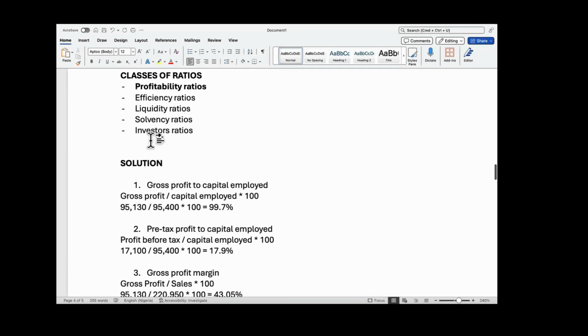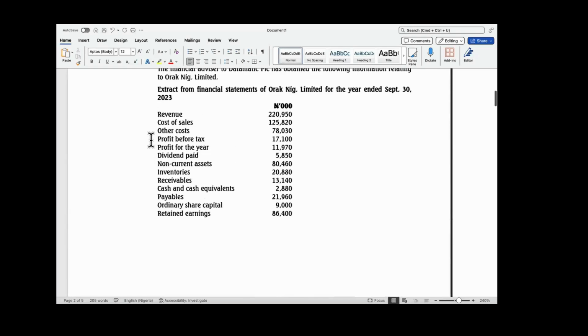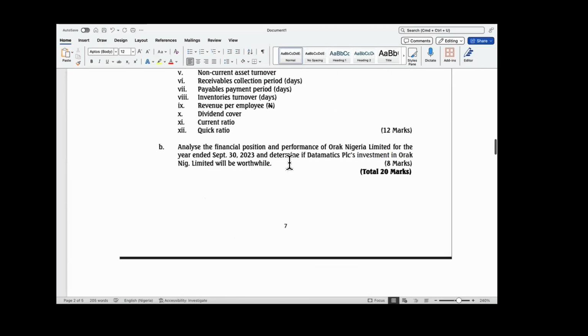So from the question, what's the profit for the year? Profit for the year is 11,970. What's our dividend paid? 5,850. Me, I would cram this 5,850. One of you should cram this 11,970.